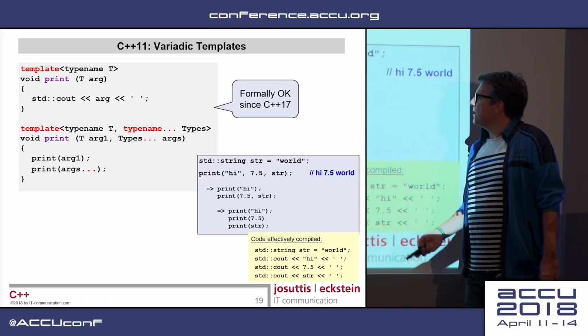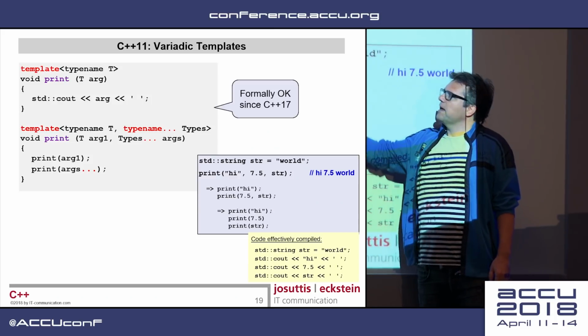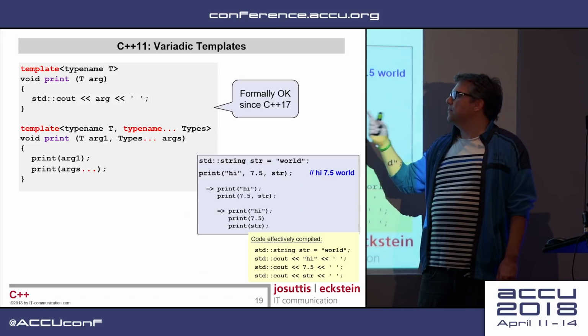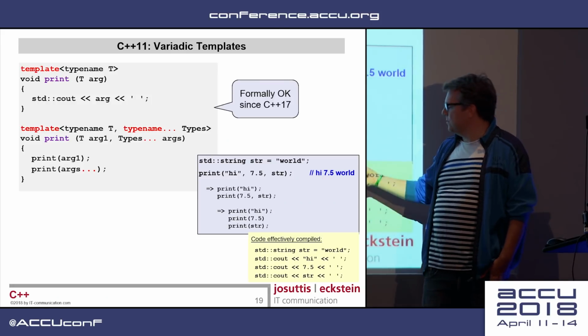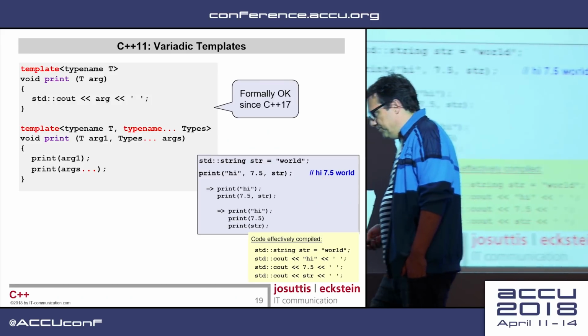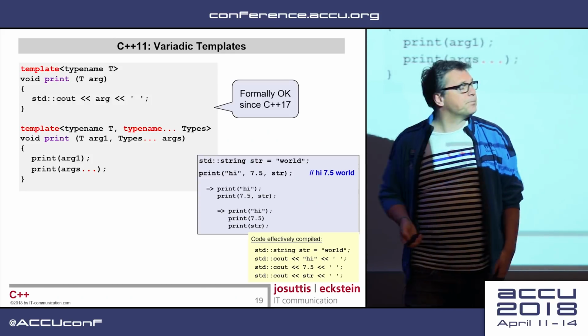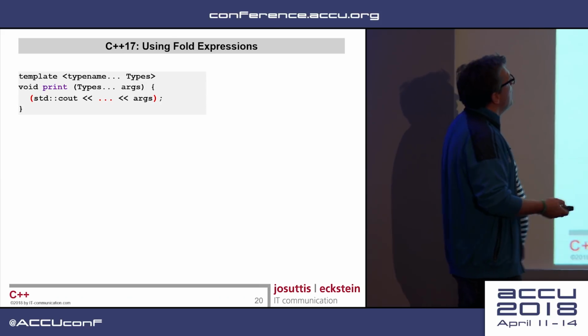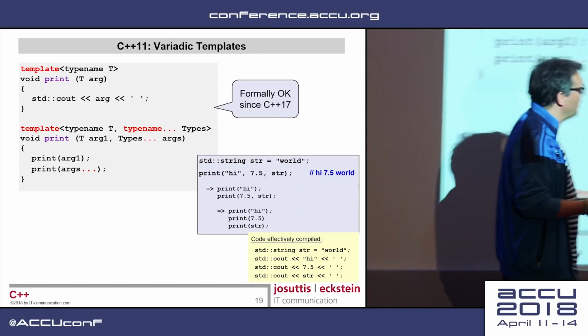So the effect is that we just expand the first argument and the remaining arguments by calling print again, and effectively we compile. Thus the output lines, you know that.